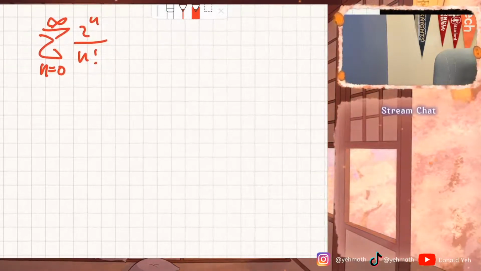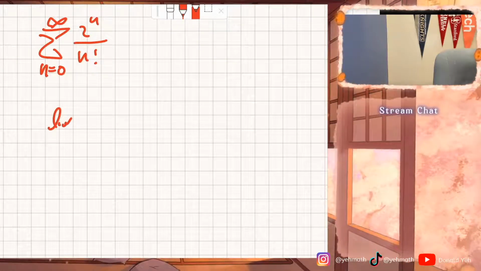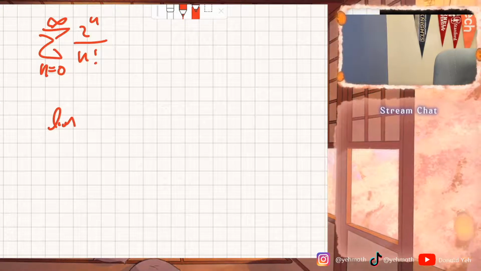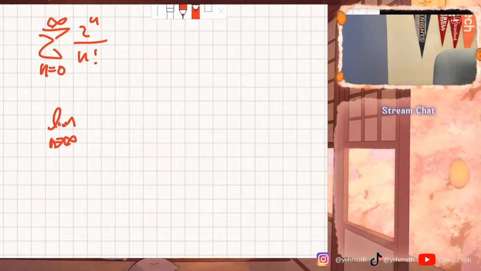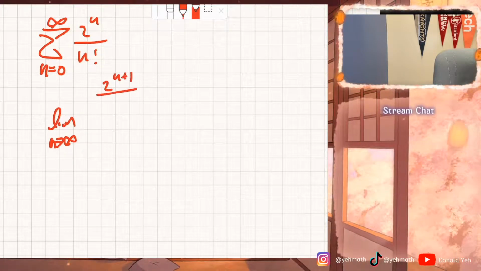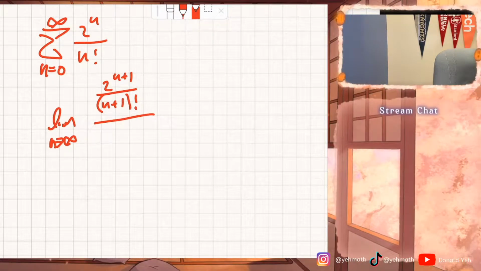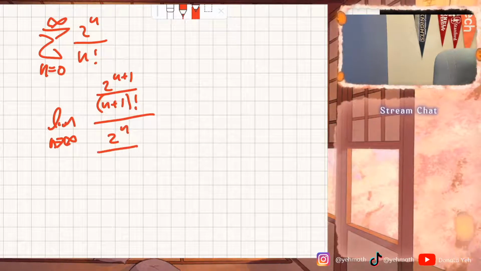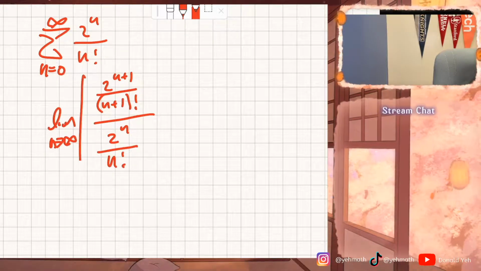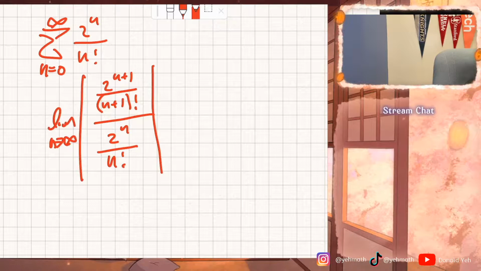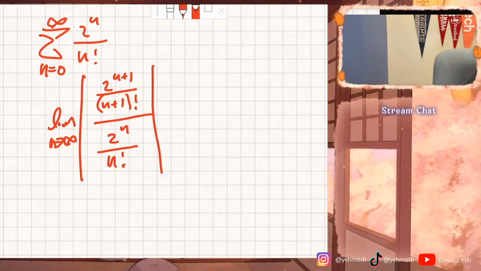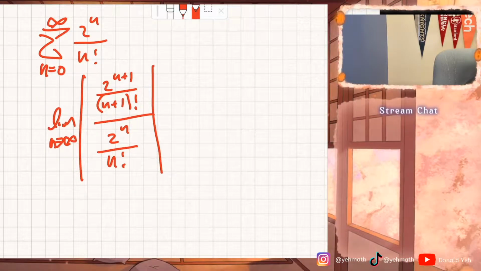So we compare the limit as n approaches infinity of 2 to the n plus 1 over n plus 1 factorial, over 2 to the n over n factorial. We take the absolute value, although it doesn't really do anything because the series is not alternating.